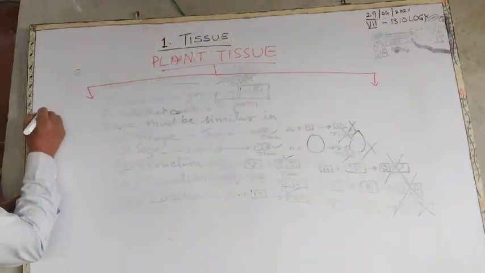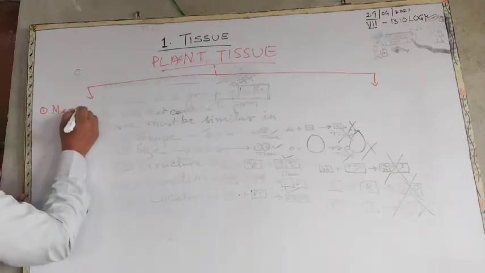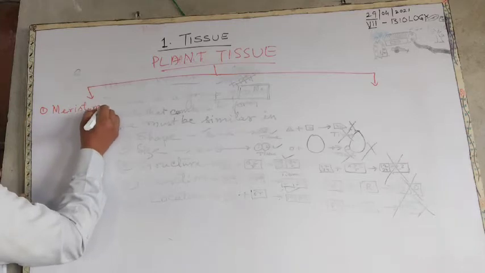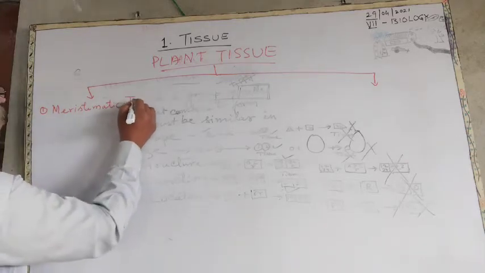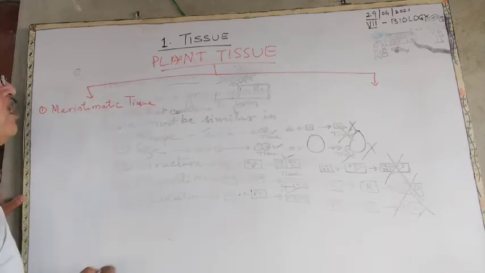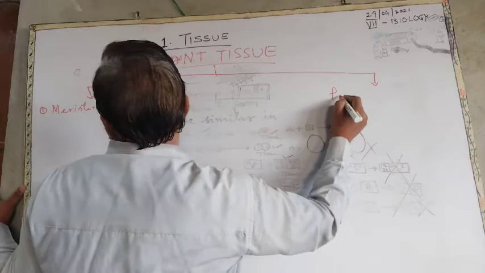The first category is meristematic tissue. And the second category is permanent tissues.